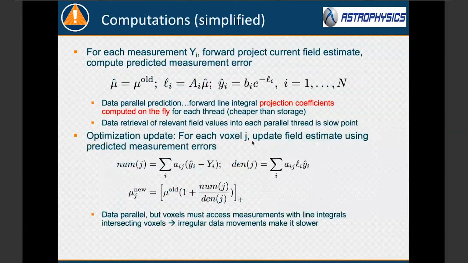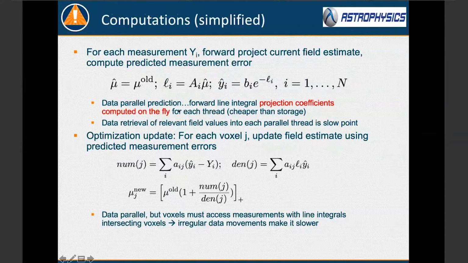So what do the computations look like now? We start with a guess at the field we're trying to reconstruct. For every possible measurement, for every detector object position that we collect, we can compute the line integral of that predicted field measurement using the tomographic operator that we described. We can then predict the value of the measurement associated with it.